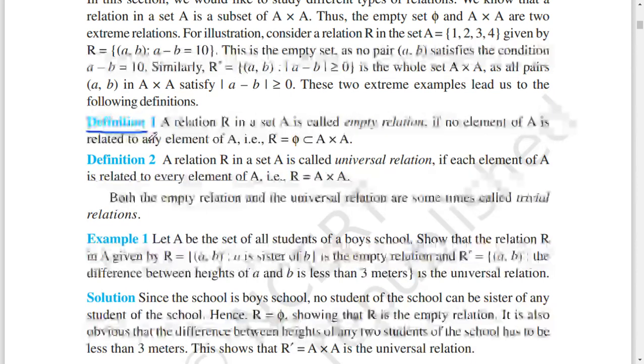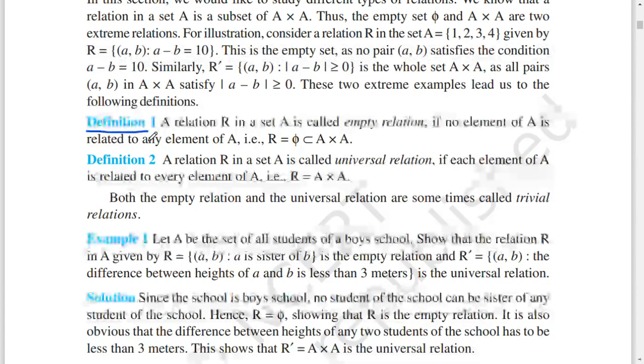Definition 1. A relation R in a set A is called an empty relation if no element of A is related to any element of A, that is, R = phi, a subset of A × A. Definition 2.